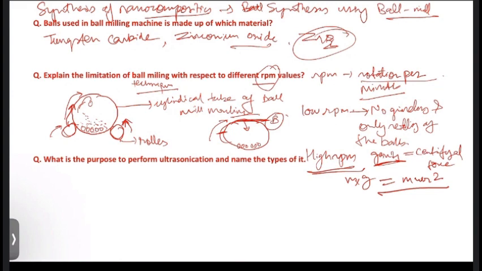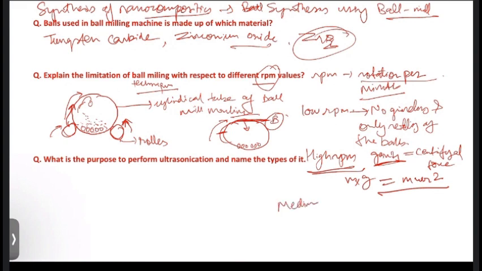So we know that no effective grinding is taking place at low RPM and at high RPM. What is the case for intermediate or medium RPM speed?